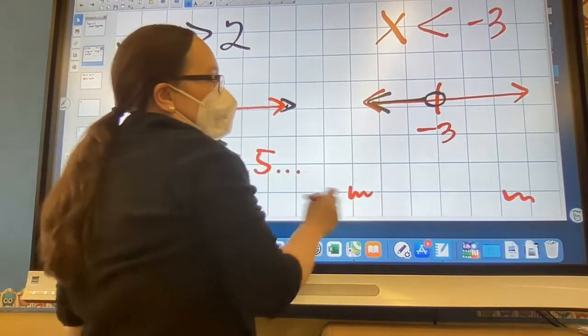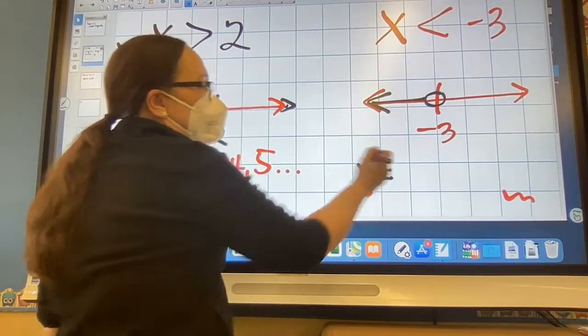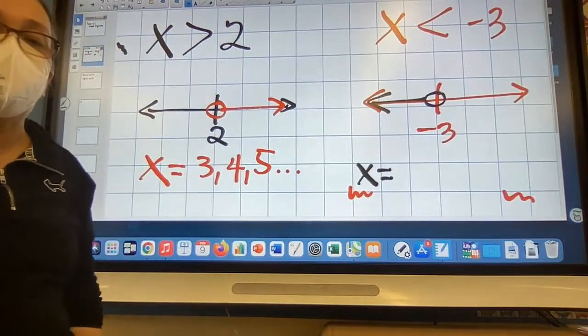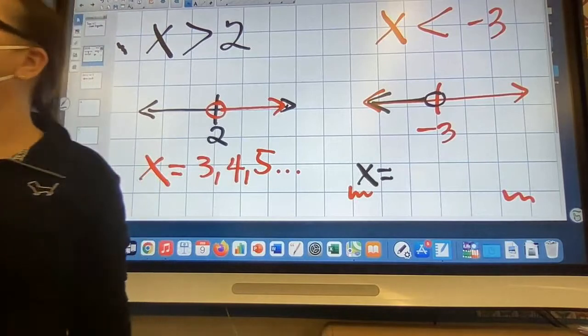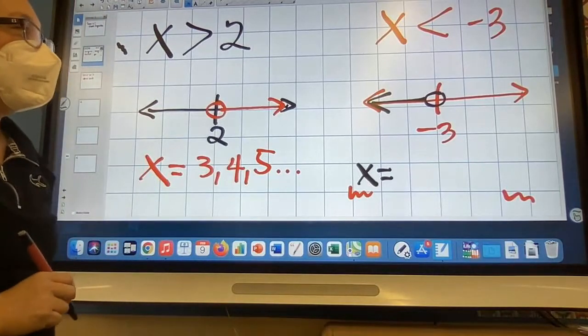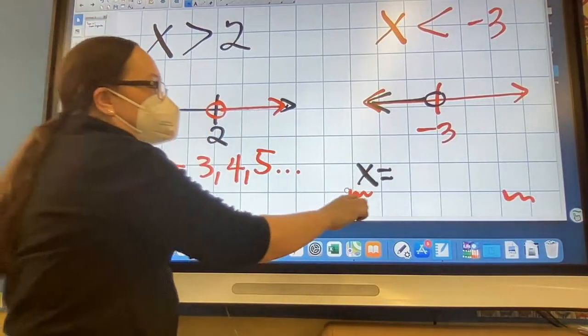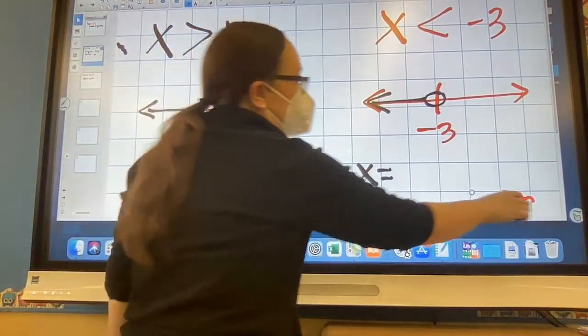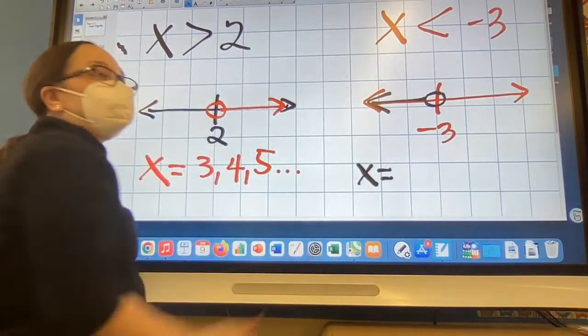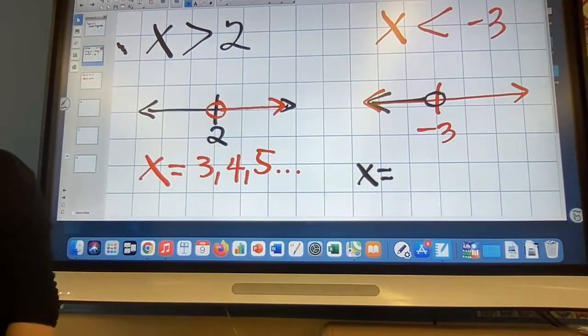So what are our first 3 possible answers? -3 is not a possible answer. Why is -3 not a possible answer? It should be what?